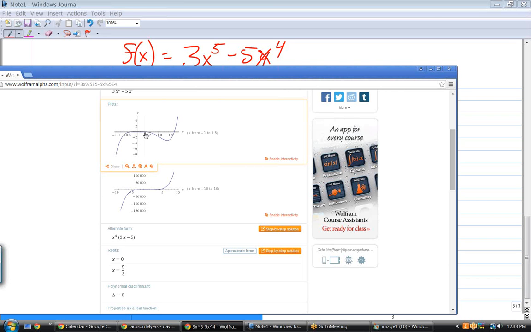Why did it give us something at 0 that looked like it was an inflection point? It's actually the point where the first derivative is horizontal. Is that where there's no concavity? No, not necessarily.